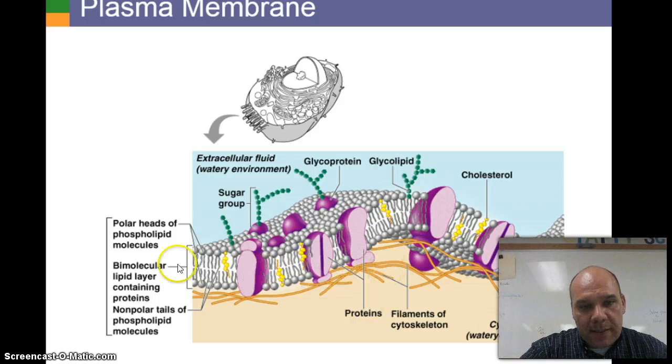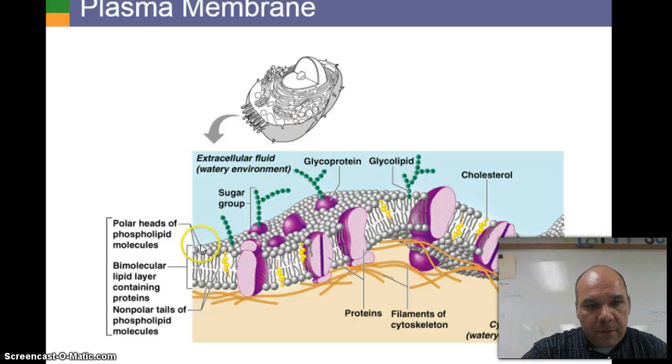So you can tell here from your diagram, the three components we need to focus on for tomorrow's class involve the polar heads of the phospholipid molecule. And we'll talk about the polar and nonpolar relationship tomorrow a little bit, so don't concern yourself with that too much. But you know for a fact that the polar heads of the phospholipid molecule are located both on the outer and inner side of the cellular membrane.